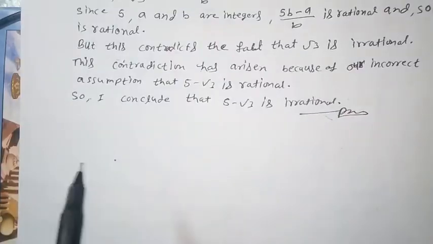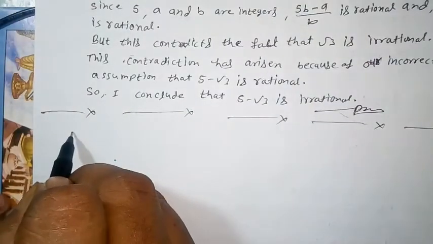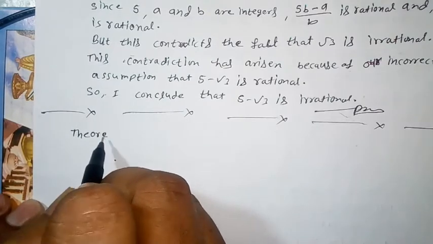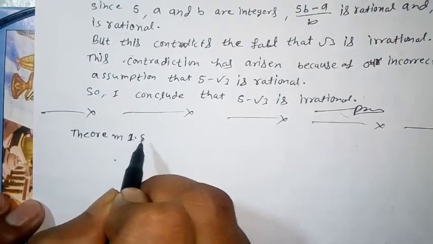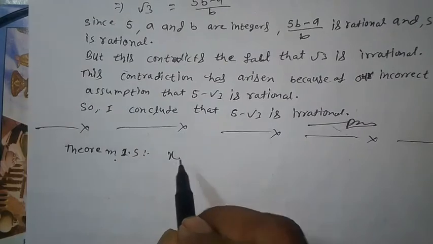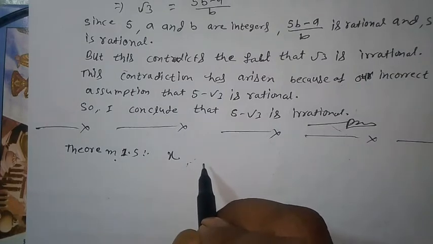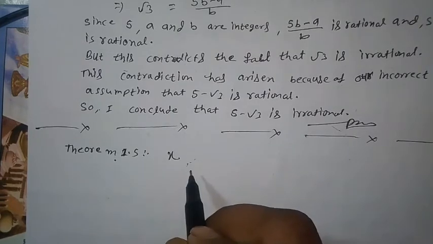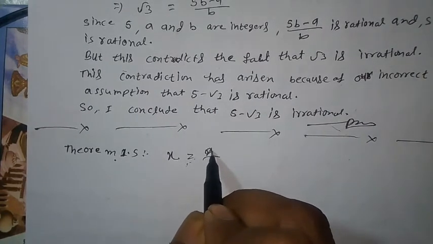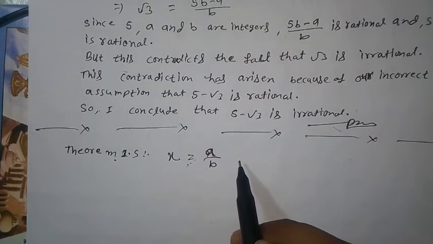Theorem 1.5. According to this theorem, if x is a rational number whose decimal expansion terminates, it means that when I divide the numerator by the denominator, I get remainder 0.